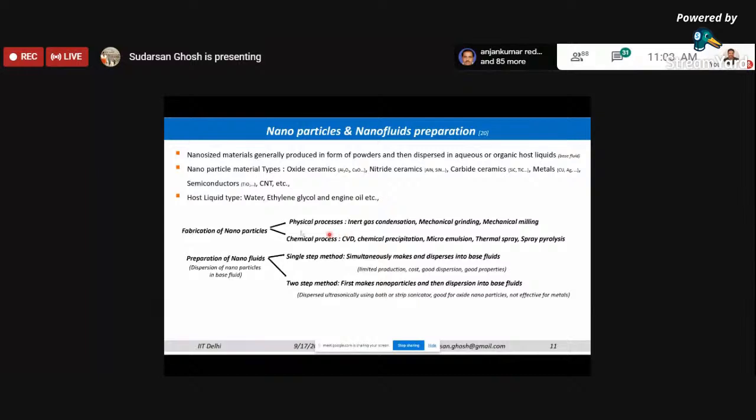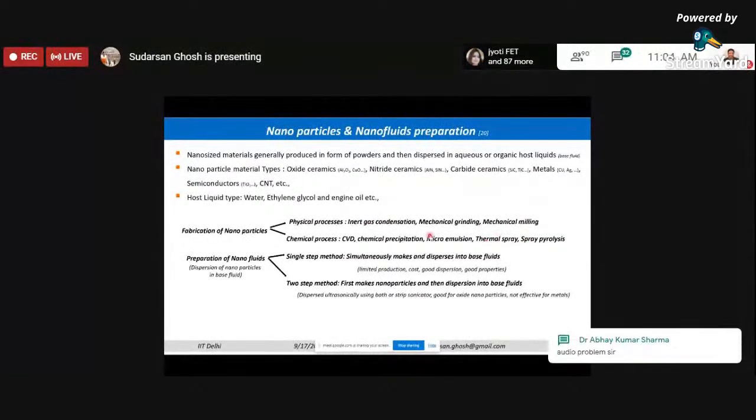Now, the nanoparticles are normally fabricated. In our case, we have purchased the nanoparticles. But just to give you a little glimpse of how nanoparticles are obtained, there are both physical as well as chemical processes. Among the physical processes, mechanical grinding or milling is sometimes used, and sometimes inert gas condensation.